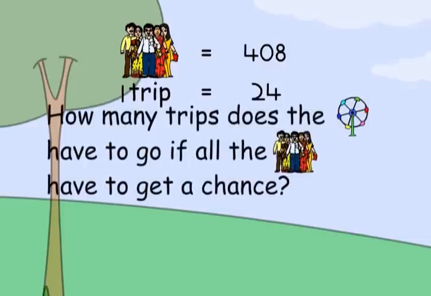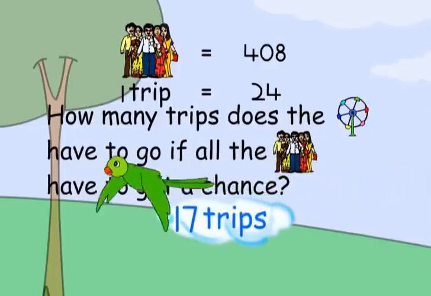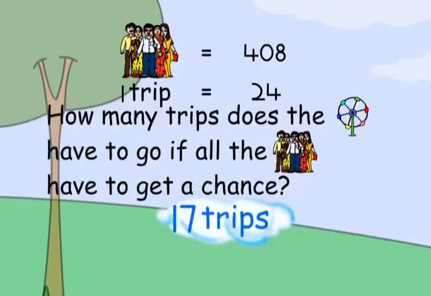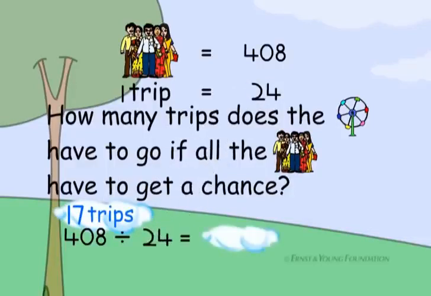How many trips does the giant wheel have to go if all the people have to get a chance? 17 trips. 408 divided by 24.